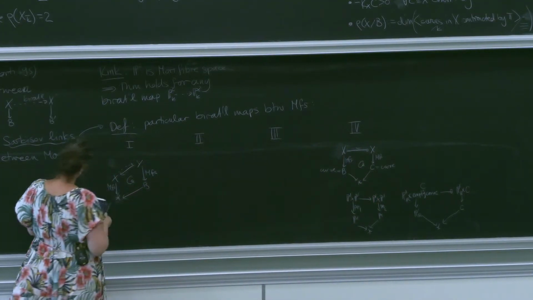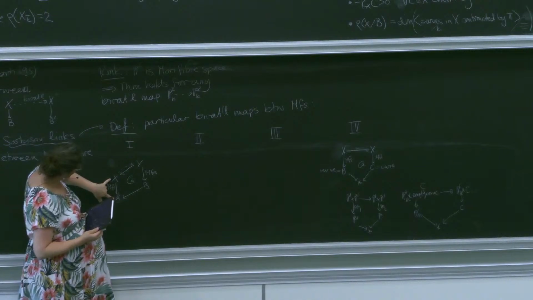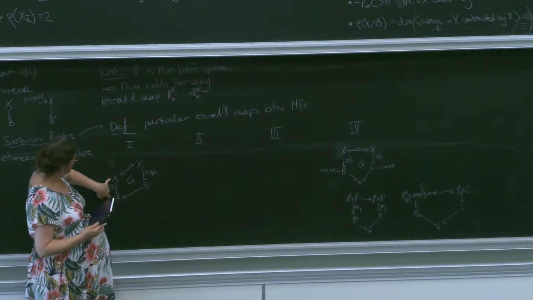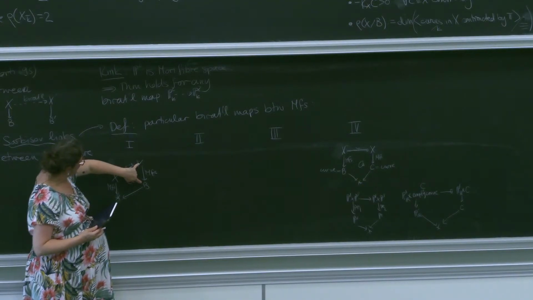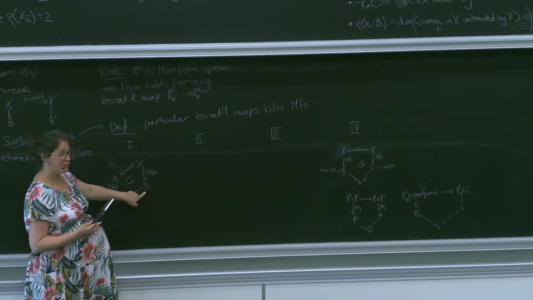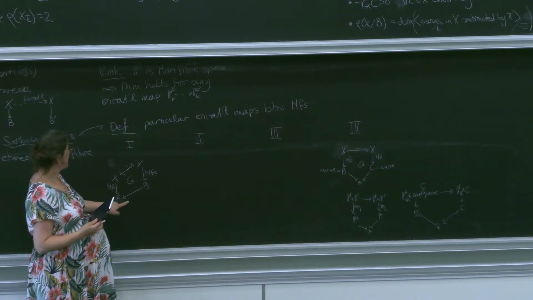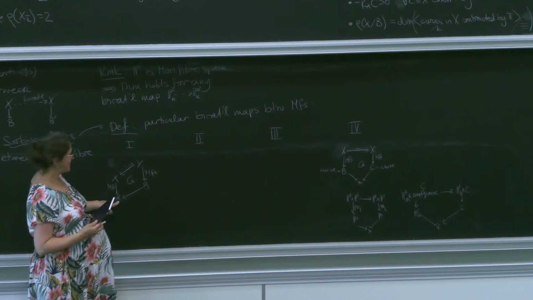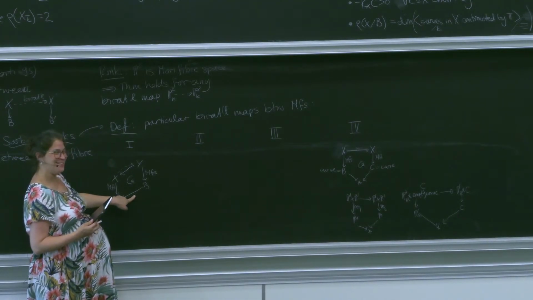Now, here we have relative Picard rank 1 by definition, and here we have relative Picard rank 1. This is a curve. The relative Picard rank of a curve onto a point is the space of all curves contracted onto the point. So this is 1.